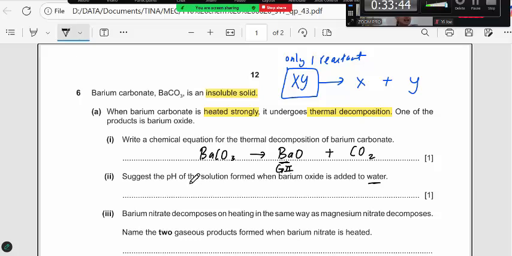Alkali. Metal oxide is a base, so dissolved in water it becomes alkali. So the pH is about 12 to 13, 12 to 14. You can write 13 also, you can write 14 also.